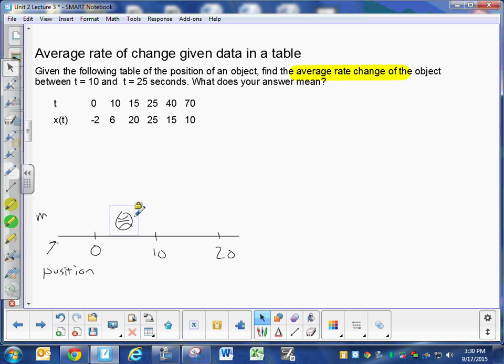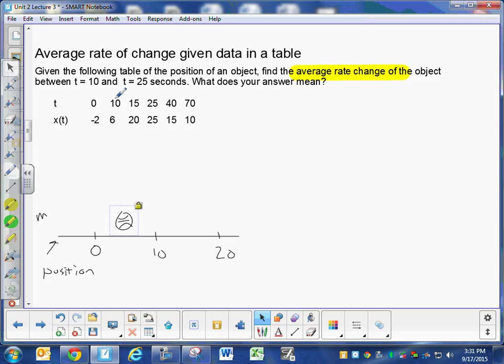Does that make sense? Good, because if I look at 6 and 10, doesn't mean my average velocity has been like 6 over 10. That has nothing to do with anything. That is just telling me I am located at the 6 meter mark at the 10th second. Okay? So keep that in your brains.